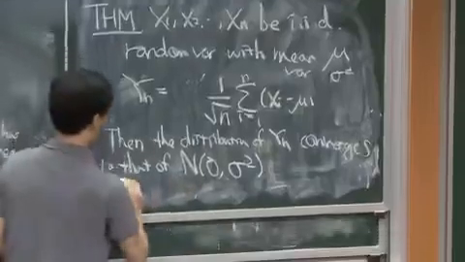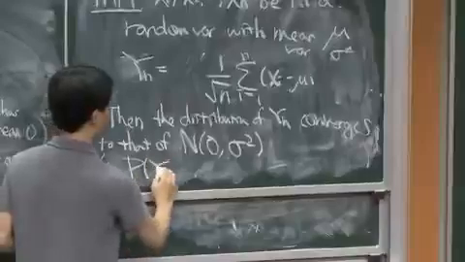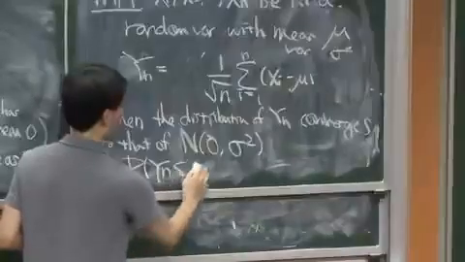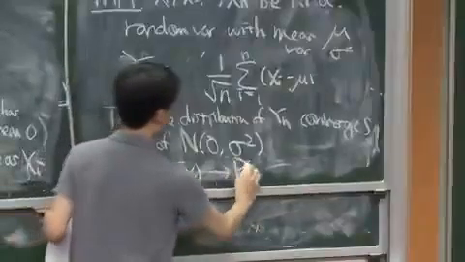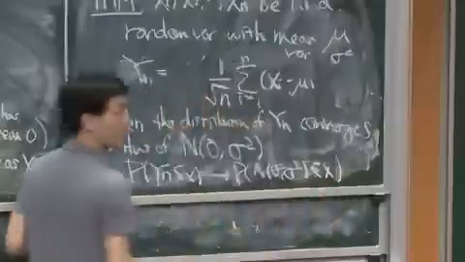What this means, I'll write it down again. It means for all x, the probability that yn is less than or equal to x converges to the probability that the normal distribution is less than or equal to x.